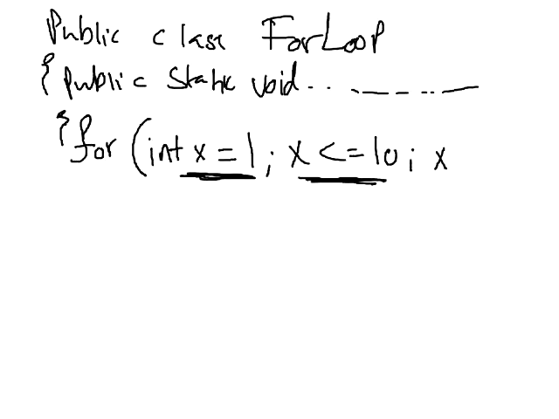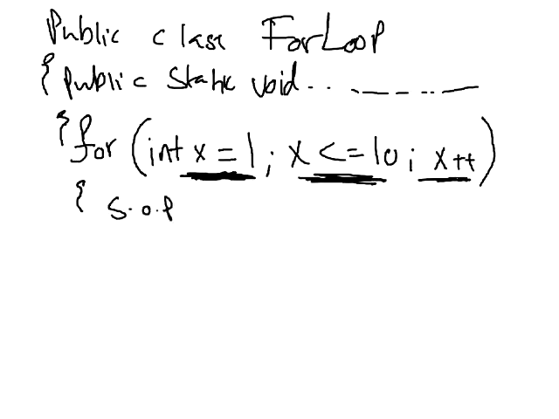Then you put x plus plus. So you set the beginning, you set the end, and you set the increment or decrement, whatever the program is. Now you just have to go to the body of the for loop.